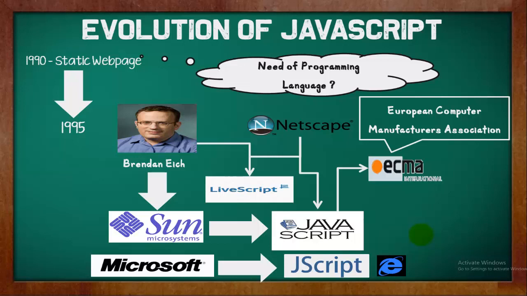Likewise, for programming languages and scripting languages, there's a committee that provides the standards. So ECMA International provided a standard for JavaScript, and it was called ECMAScript. So this is the whole history of how JavaScript has arrived. I hope you understood this.